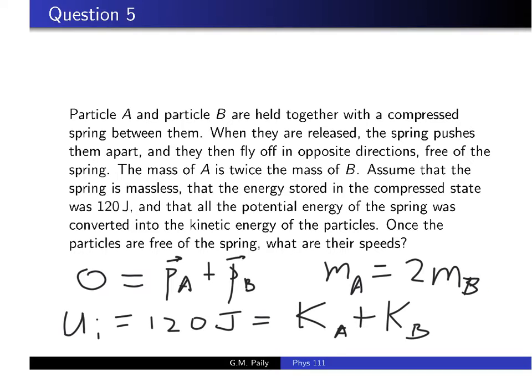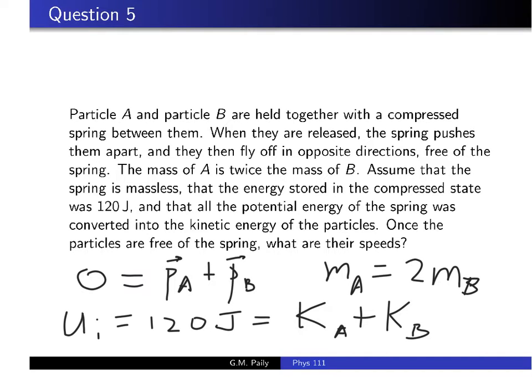KA and KB can be expressed in terms of PA, PB, MA, and MB. So we have four unknowns, but we only have three equations. This is clearly not enough to completely solve the problem, so let's add one more piece of information to the problem, which I neglected to add earlier.